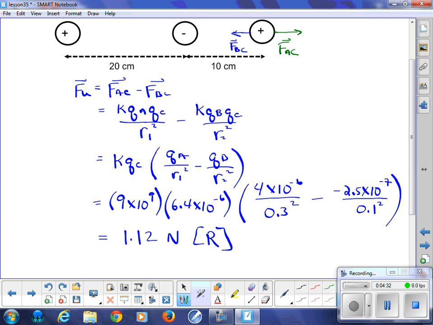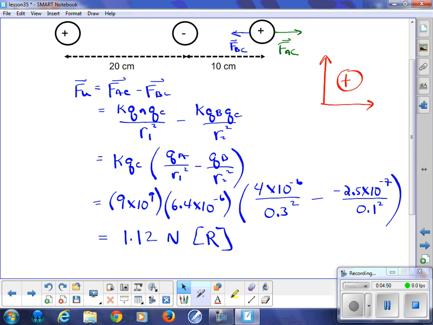So if I follow along with the XY axes, I'm assuming that to the right and up is positive because it comes out to be positive 1.12. Then the resulting direction would be to the right.